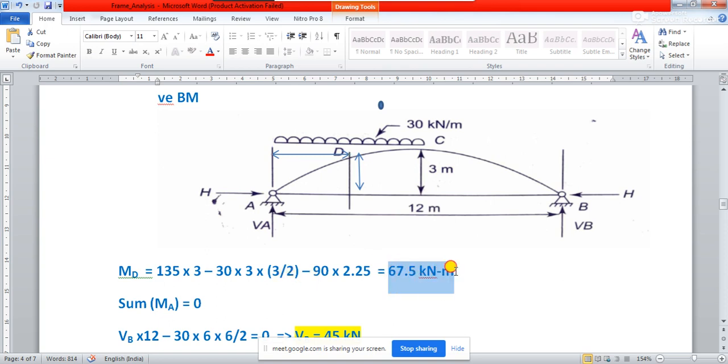So this is your moment MD. Is it clear? So now you should be able to calculate moment about any point in the arch, right? Everyone is clear about this, right?